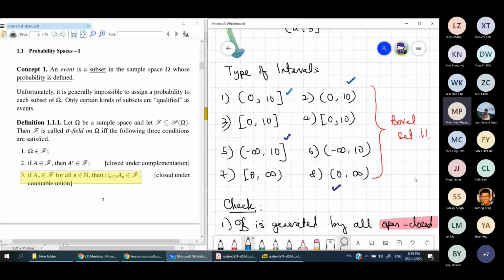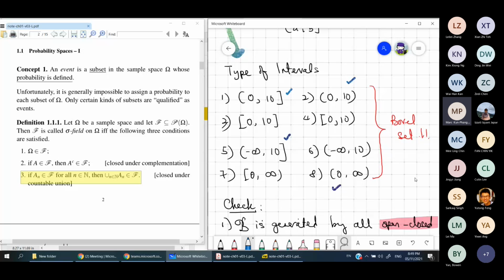Which type? 1, 2, 3, 4, 5, 6, 7, 8? Your explanation number 2, the open interval. You've shown that it's an event, and we understand that. But have you also shown that it's a Borel set, or can we conclude that it's a Borel set?